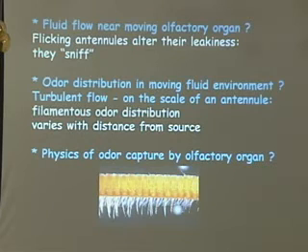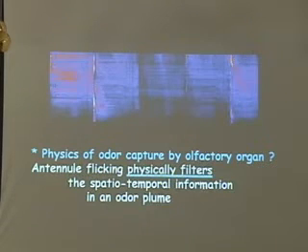And if we ask, how does the physics of odor capture by the olfactory organ work, and what does that do to how the world looks to that olfactory organ, what we see is that the physical process of capturing the odors filters the odor information from the environment that the animal actually encounters.